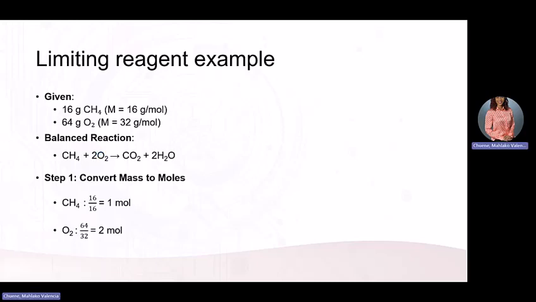So we can see that in here we've got 1 carbon, 4 hydrogens. All right, and then when you go to the product side, we've got 1 carbon and 2 hydrogens. All right, so it means that we need 2 more, which is why this 2 is here.